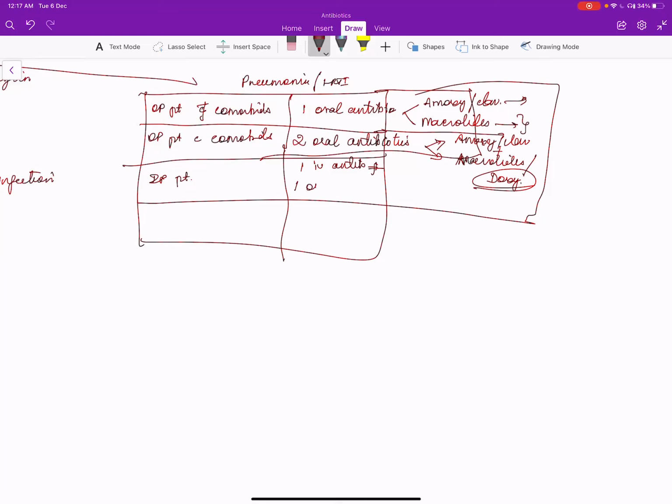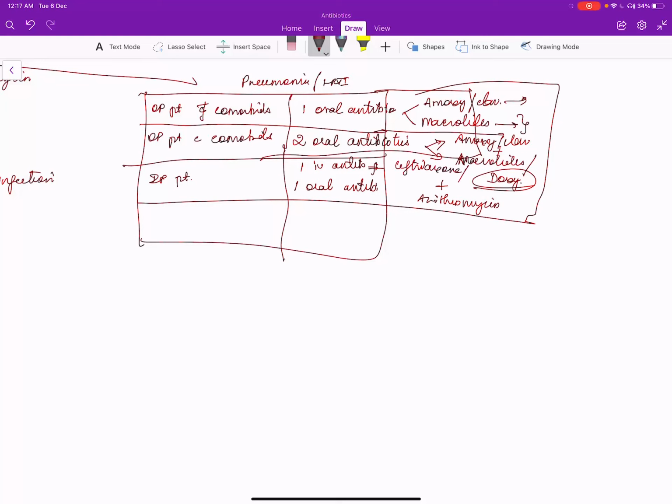So IP patient means what? CURB-65 score is 2. One IV antibiotic plus one oral antibiotic. So the oral antibiotic has to be azithromycin, definitely, plus the IV antibiotic, what I told you, ceftriaxone. Guidelines say ceftriaxone.